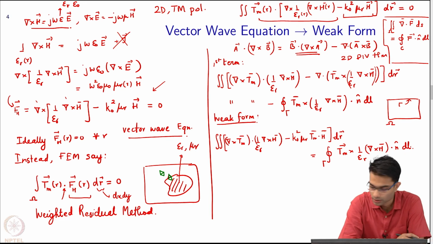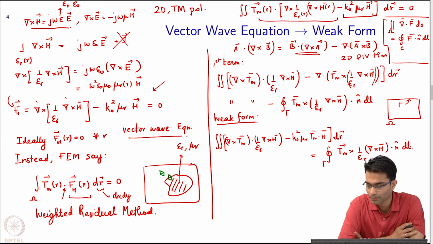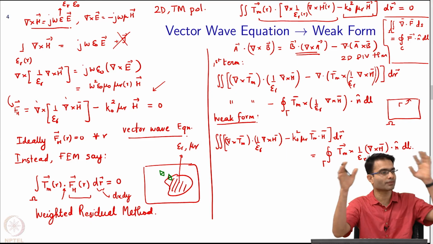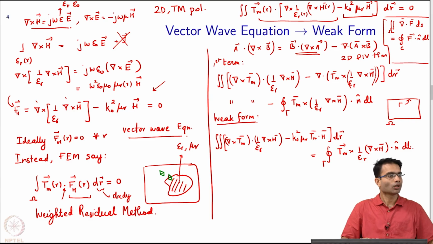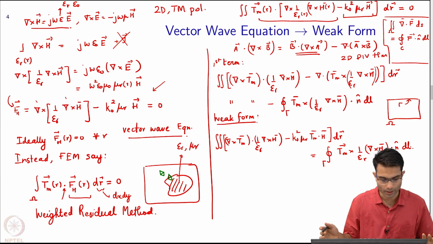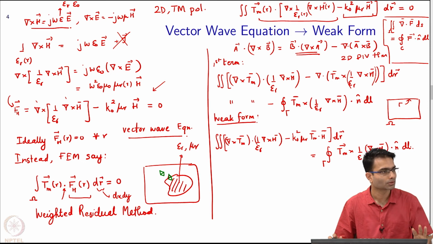Question: should gamma be the overall boundary of this medium or the boundary of the triangle? Overall boundary of this medium, because if you look at this entire slide, have I made any use of a triangle anywhere? No, I have just indicated by figure, but the triangle does not appear because I have kept h as h, whatever h may be. Later I will write h in terms of triangles, okay.